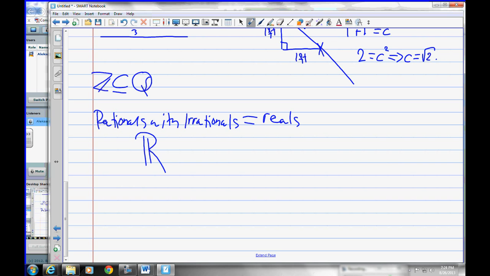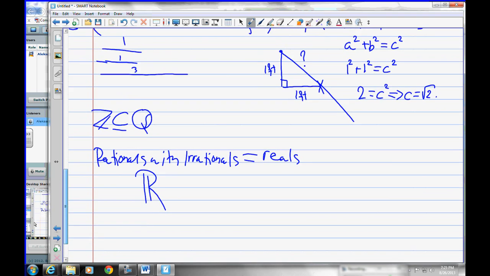So again, let's recap. Real numbers, we use R. That makes sense. That's the big one. All real numbers, we use big R to represent that.